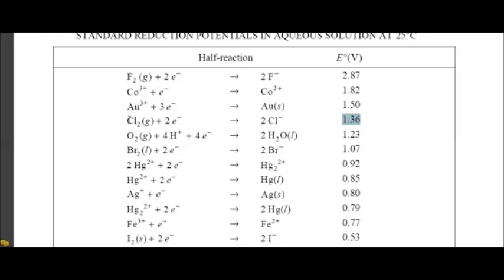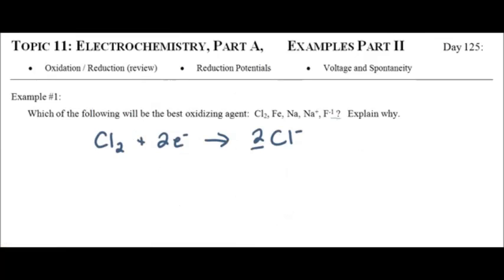When chlorine gas is reduced to chloride ions, it has a positive 1.36 voltage. So we're starting off pretty well here. Now the best oxidizing agent, or the best thing that's reduced, will have the highest voltage.